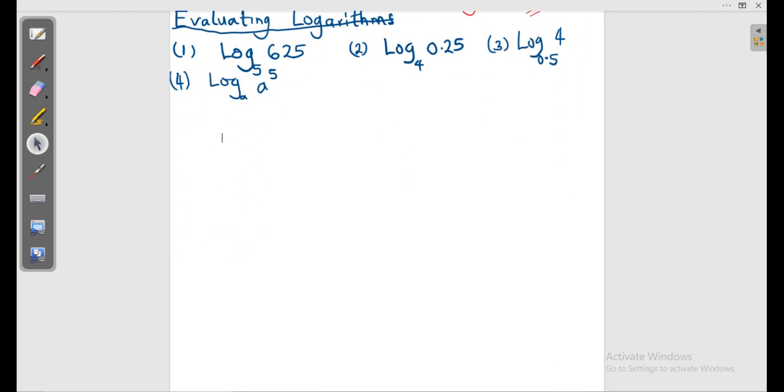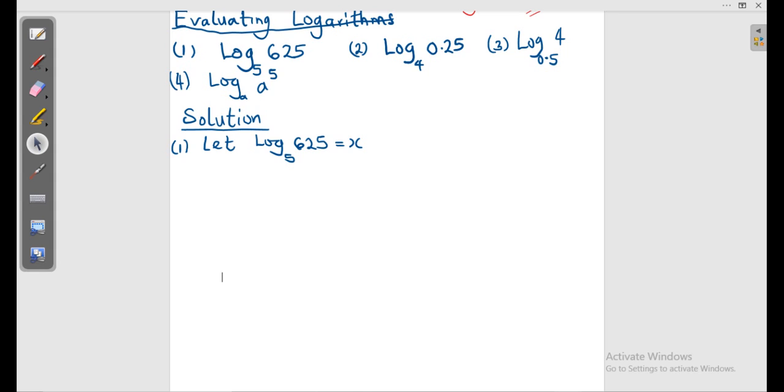What we will do is to say for the first question, we'll let log 625 base 5, let's let this to be x. So we take this to be in logarithmic form. Let us express this logarithmic form as an index form.